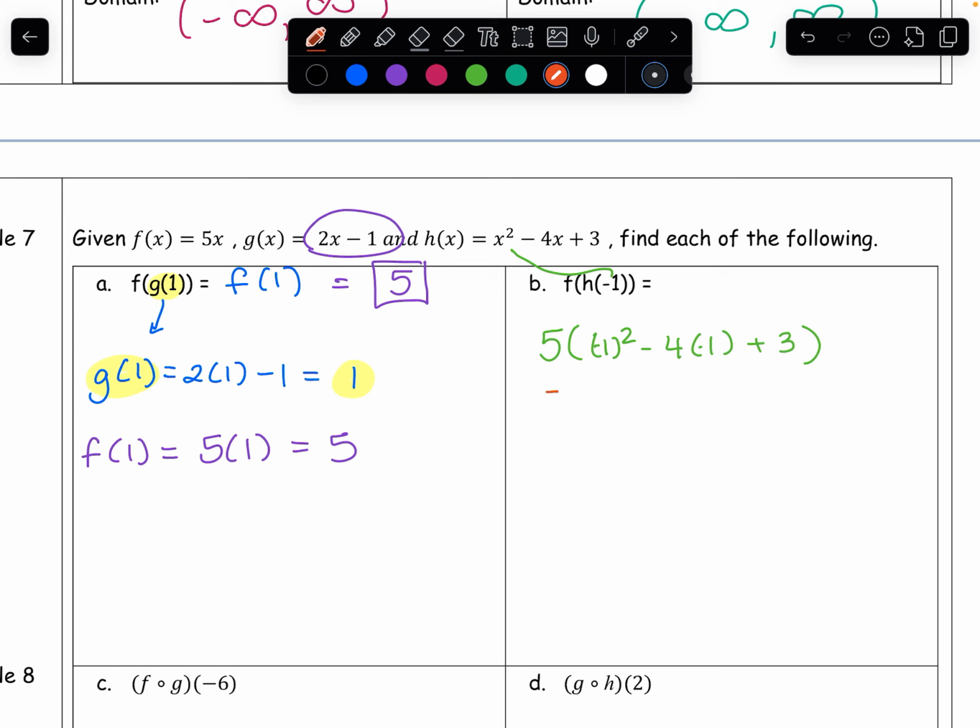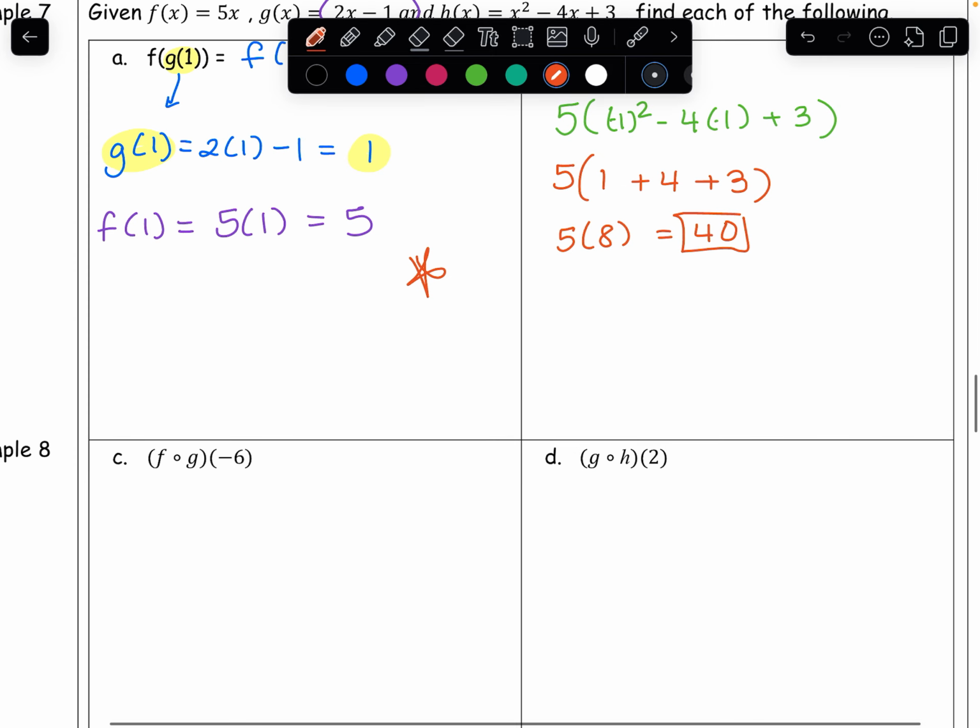Whew. And so I can, I guess, simplify here. So I get 1 plus 4 plus 3, which is 8. So 5 times 8 is 40. That's another way that you can do it. I personally like what we did in A, just a preference.